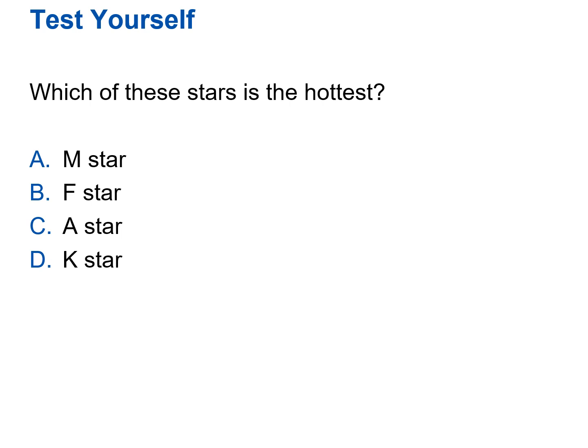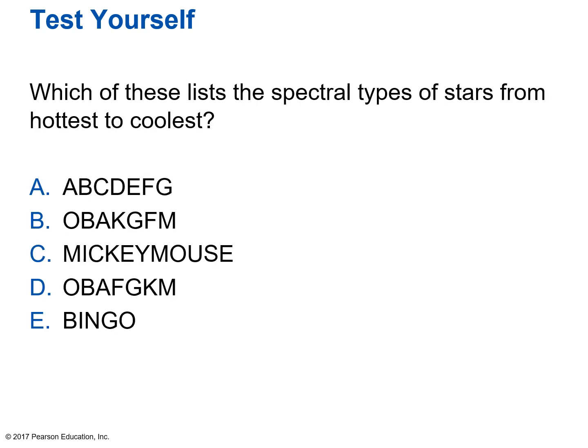Test yourself. Which of these stars is the hottest? So you need to remember the order of the spectral types, O, B, A, F, G, K, M. So of those listed, A stars are the hottest. Which of these lists the spectral types of stars from hottest to coolest?